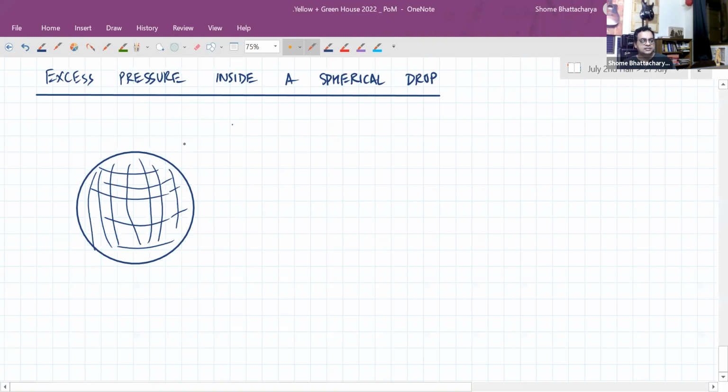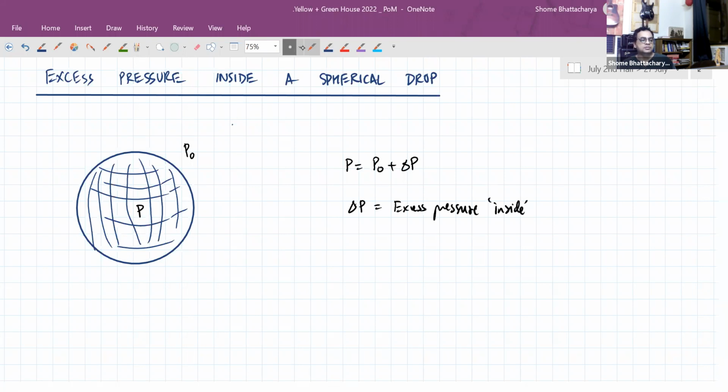So if the environment outside is at a pressure of P naught, then the pressure of the liquid inside, P, is greater than the pressure outside by a certain pressure difference. So this pressure difference delta P is the excess pressure inside, and it is given by the formula.